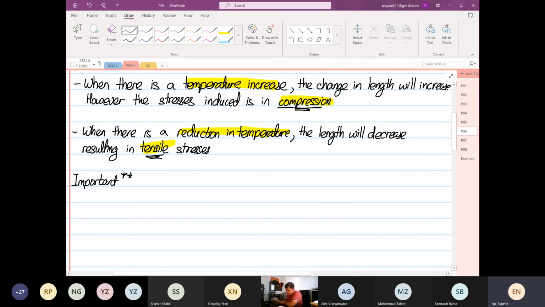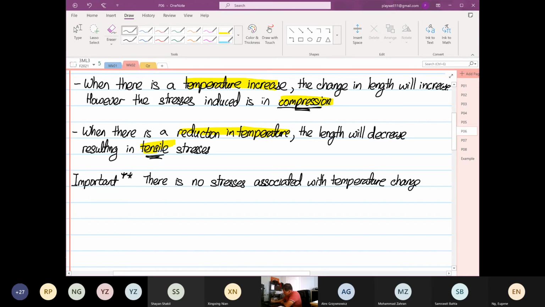Okay. There is no stresses associated with temperature change when there is no restriction in motion.